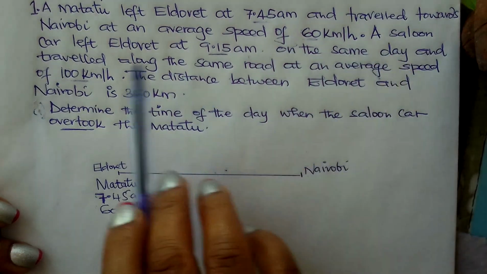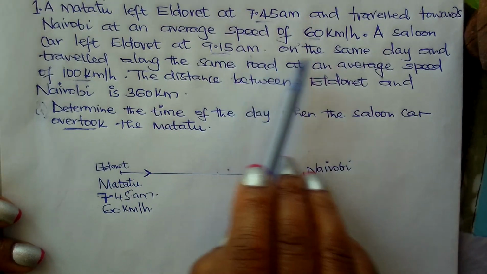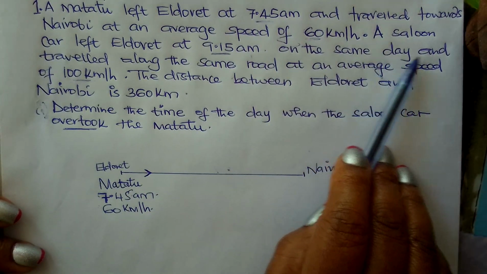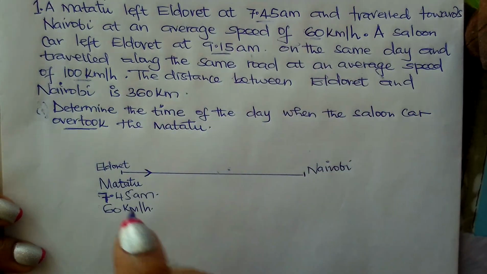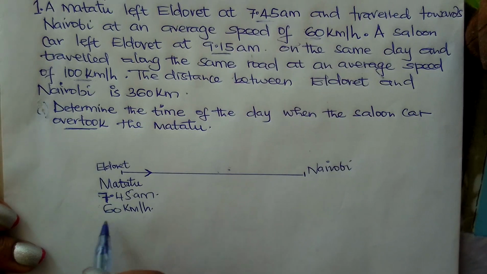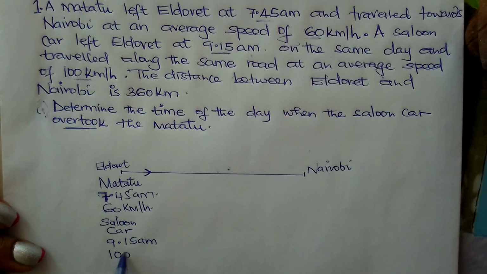A saloon car left Eldoret at 9:15 a.m. on the same day and traveled along the same road at an average speed of 100 kilometers per hour. Learner, these two vehicles are leaving Eldoret though at different times. So you come and write here your saloon car. The car leaves Eldoret at 9:15 a.m. at an average speed of 100 kilometers per hour.